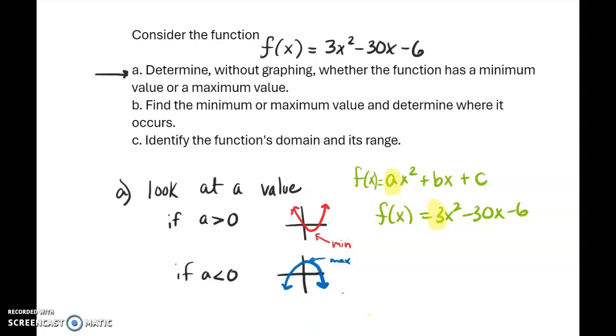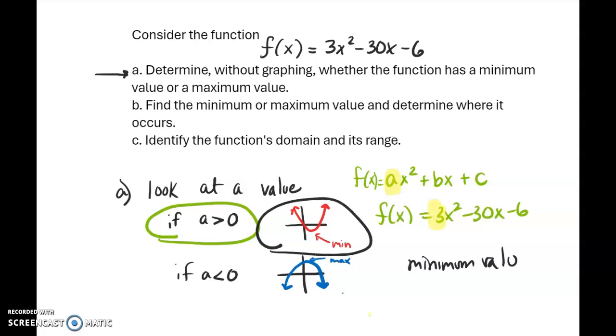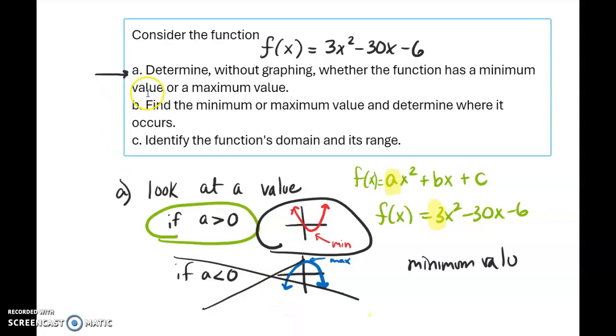It's the coefficient on the x squared. So since A is 3, that's a positive number, it's greater than 0, then I'm going to say that this function has a minimum value, because it will have this look to it, not this.